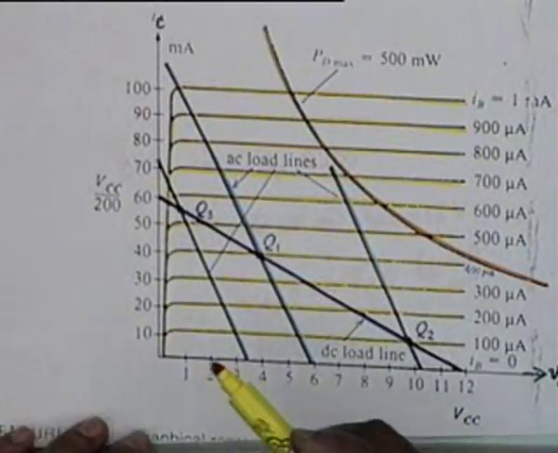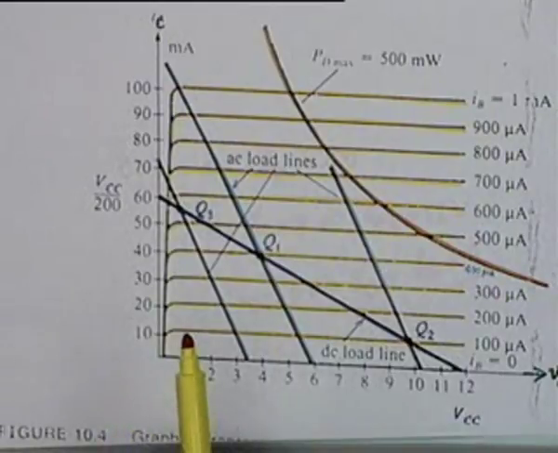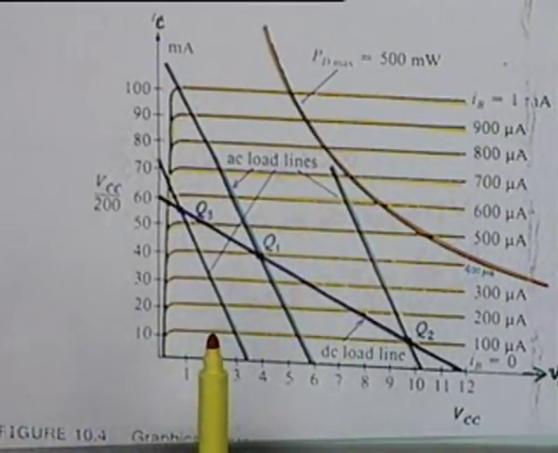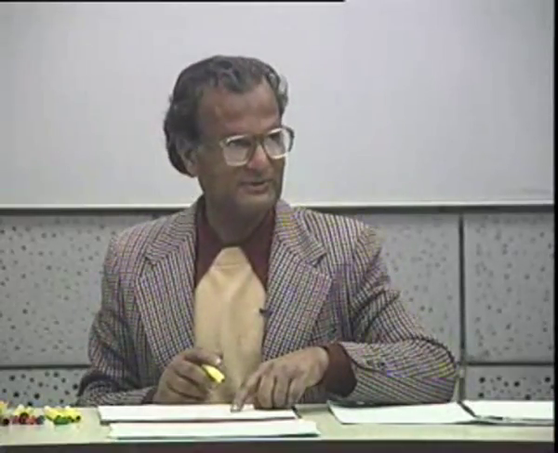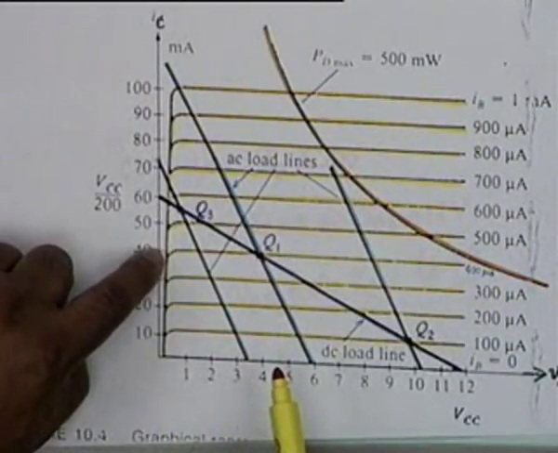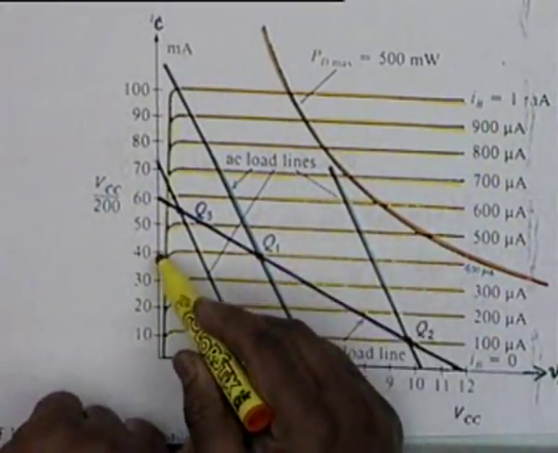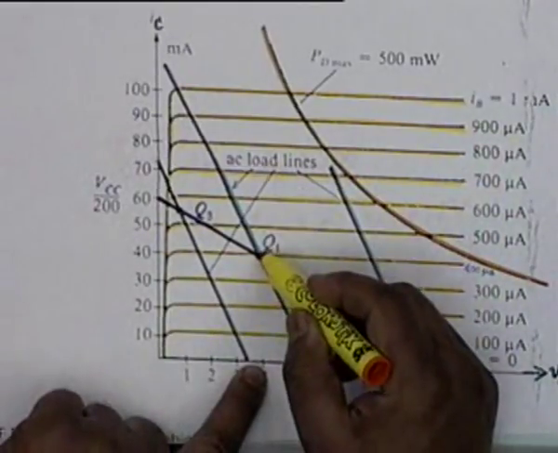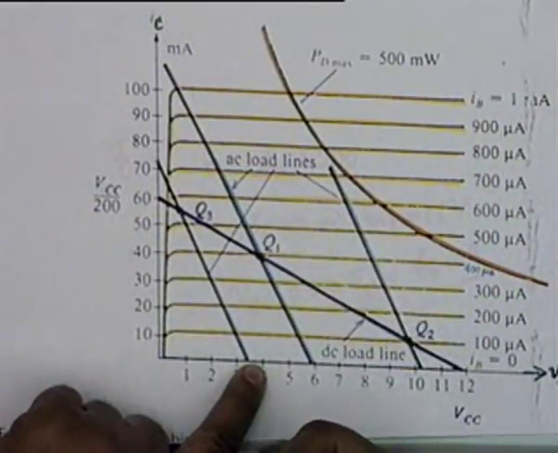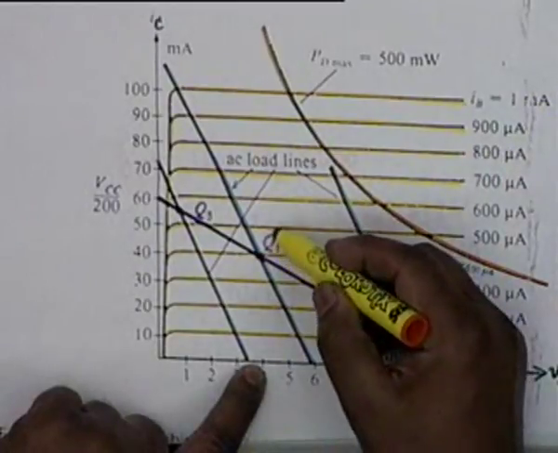Okay, we had already found out that with the kind of biasing that we had for that example, the collector current was 40 milliamps and the collector emitter voltage was 4 volts. So draw a vertical line at 4 volt and draw a horizontal line at 40 milliamps, where they meet is the operating point. So Q1 is our operating point.